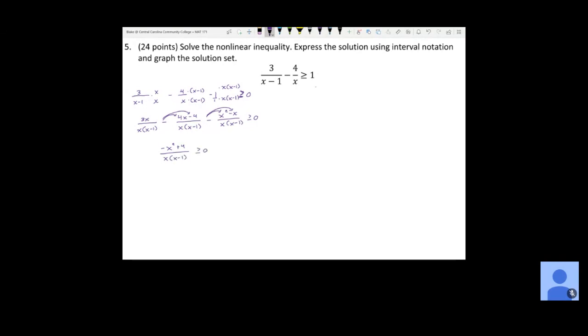Because 3x minus 4x would be negative x, but then I'm subtracting a negative x at the end, which means I'm adding it. So all those x terms just cancel out. And then when I distribute the negative to the negative 4, that gives me a positive 4. Distribute the negative to the x squared, that gives me a negative x squared. That's how I get that numerator now. Any questions about that?